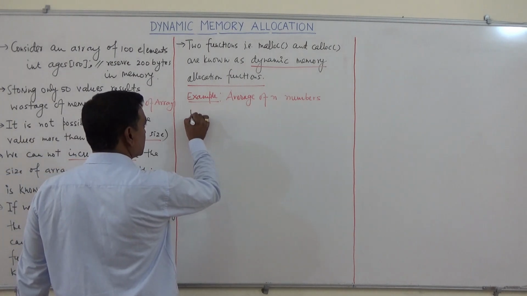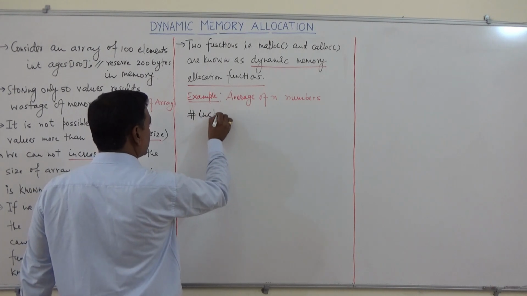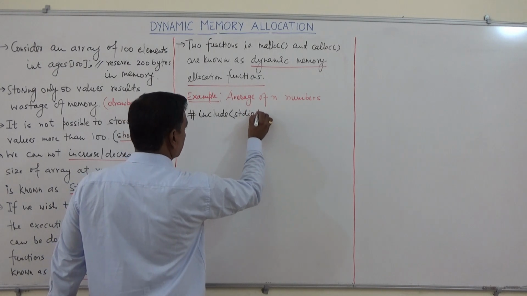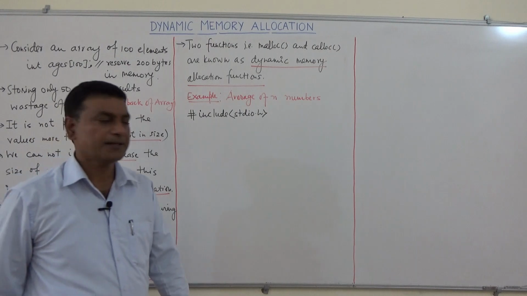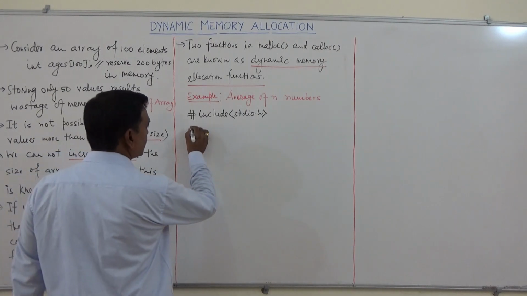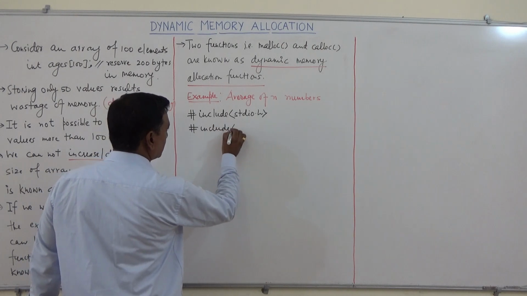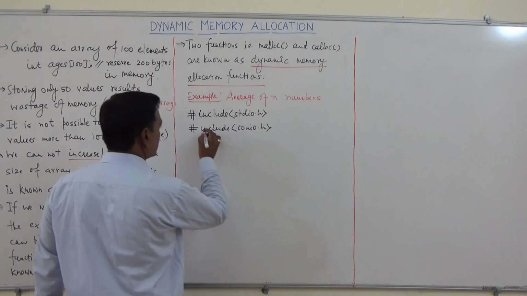We can start from the header files: include stdio.h. This is a program in C. Then include conio.h.